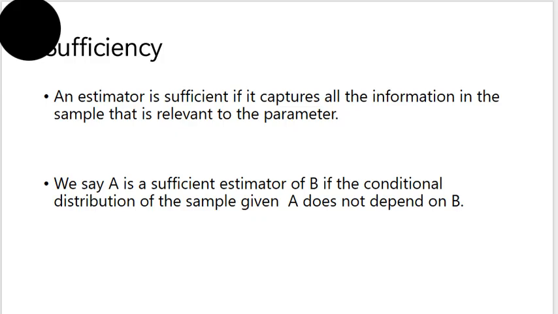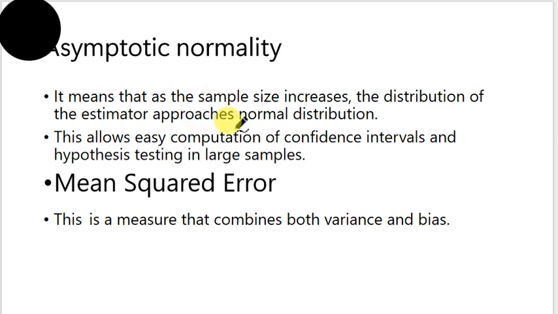Next, we move on to see what is sufficiency. An estimator is sufficient if it captures all the information in the sample that is relevant to the parameter. We say A is a sufficient estimator of B if the conditional distribution of the sample given A does not depend on B. Next, what is asymptotic normality?